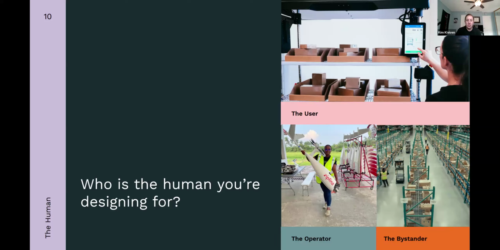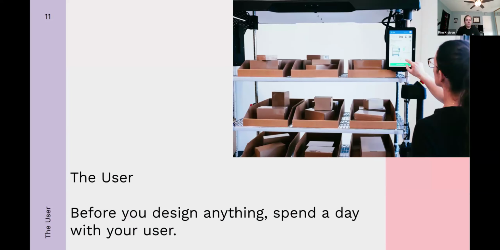So we're going to go through each of these three and talk about what considerations you should take into account for them. So we'll start with the user. My recommendation is that before you design anything, try to spend as much time as possible with your user. And you want to talk to your user directly.